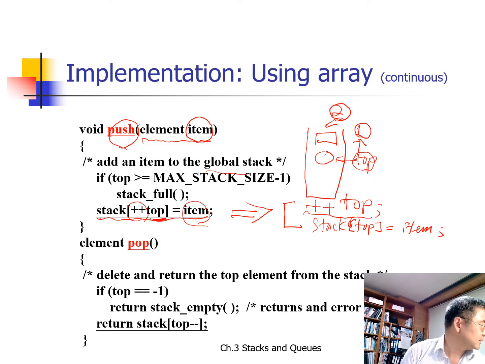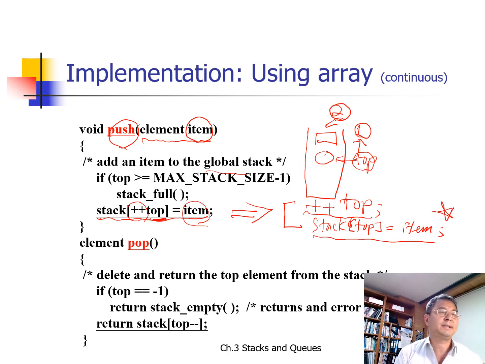And then this assignment happens. Okay. The order is important in here. And okay, that's all. So you must remember these lines. Very important. You cannot confuse the order of plus.